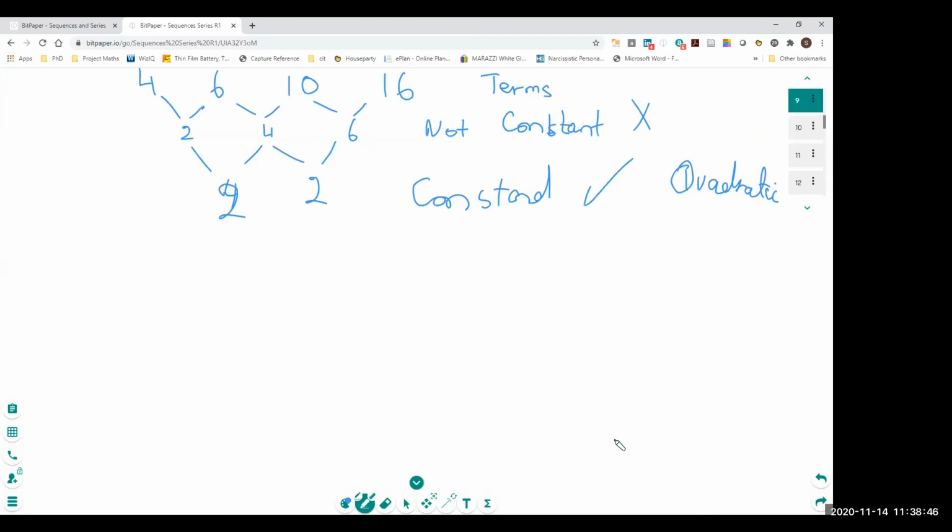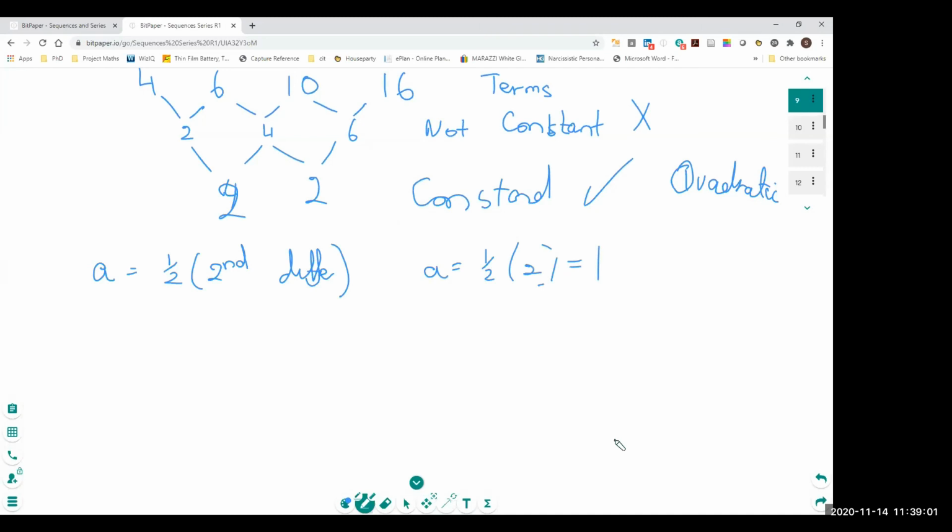And as I said previously, what did I say about a? A is equal to half of the second difference. So straight away we have a. So a is equal to half of 2, which is equal to 1.